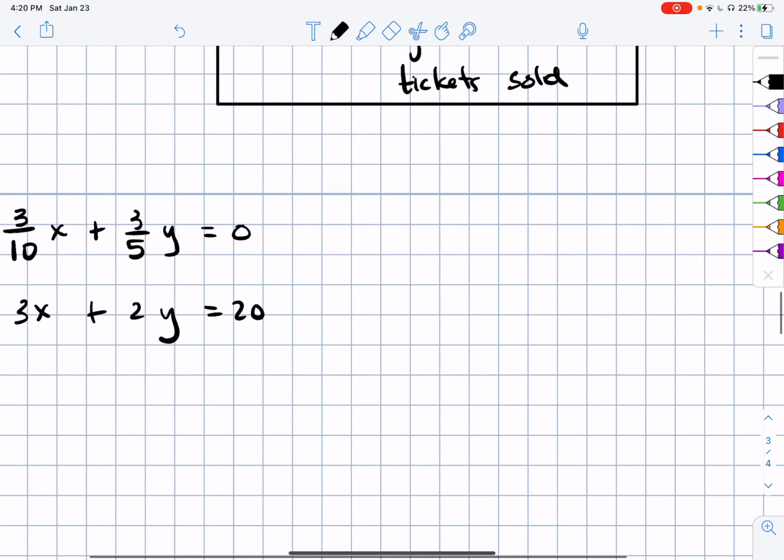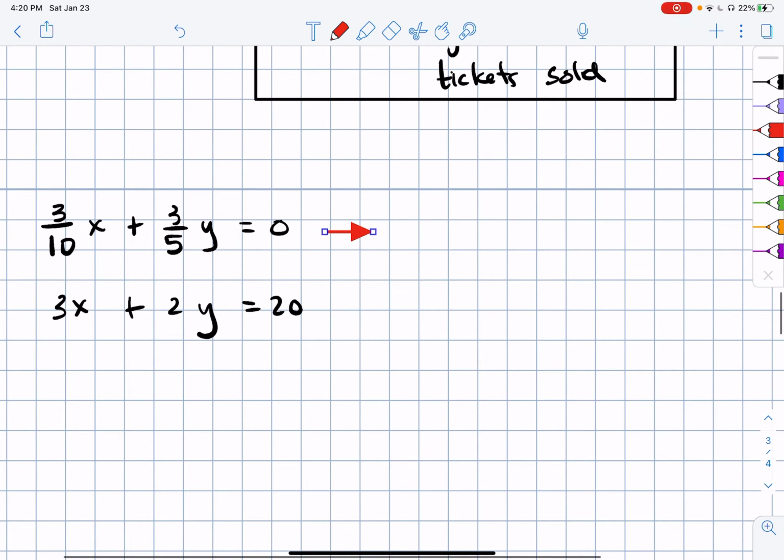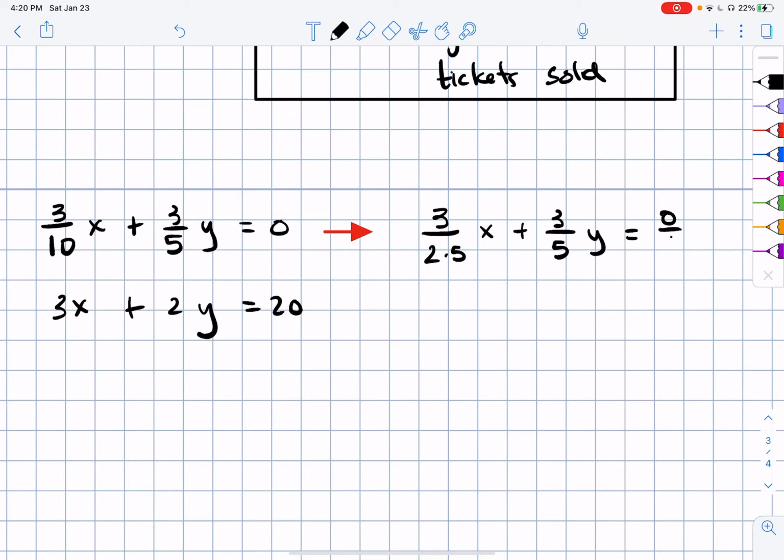Okay, so first things first. This right here, I do not like that fraction, right? So one of the things I said to you guys was, what do they have that I don't have? So let me do this here. I'm going to do 3 over 2 times 5x plus 3 over 5y is equal to 0 over 1.